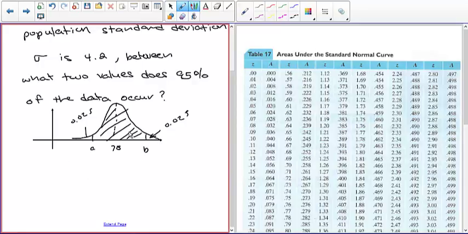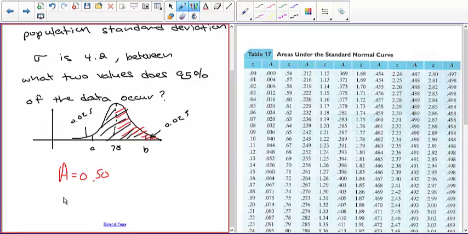So remember, this table goes from the mean out to here. Let me just cross hatch it. If we take this area that's all the way out to the end, the red area there, that's equal to 0.5. Half the data is greater than the mean, half is less than the mean.